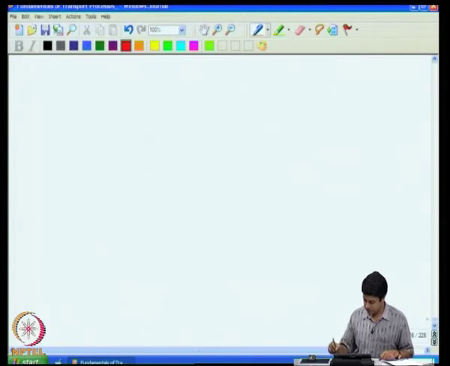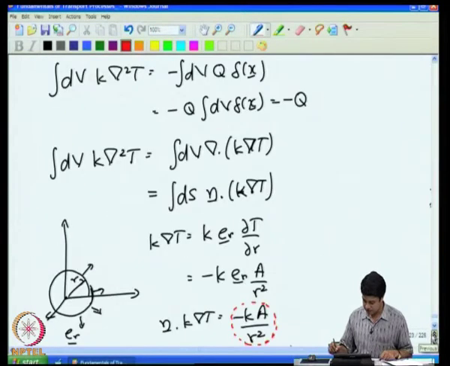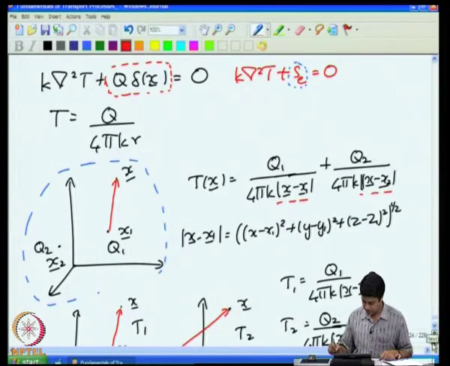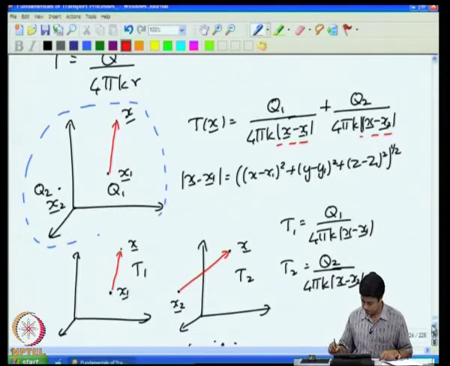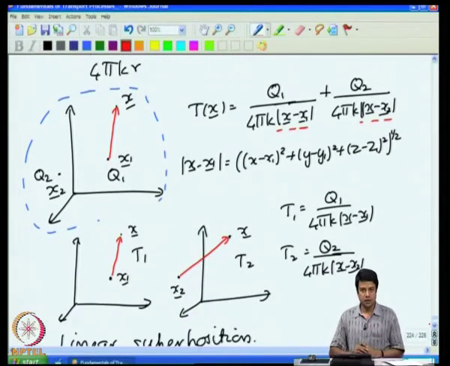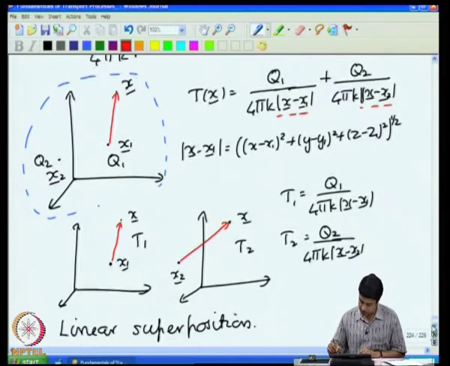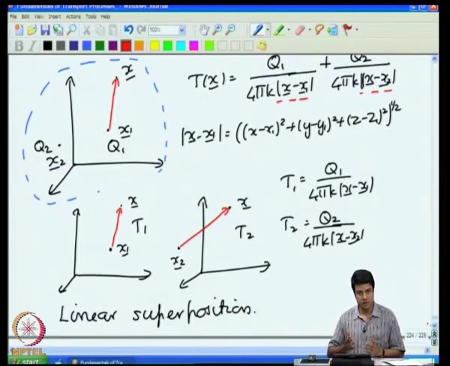Why does it work for the case of point sources? Why did this linear superposition work for the case of point sources? The reason is because the point source has no size. It does not constitute a surface within the flow. It has no size.